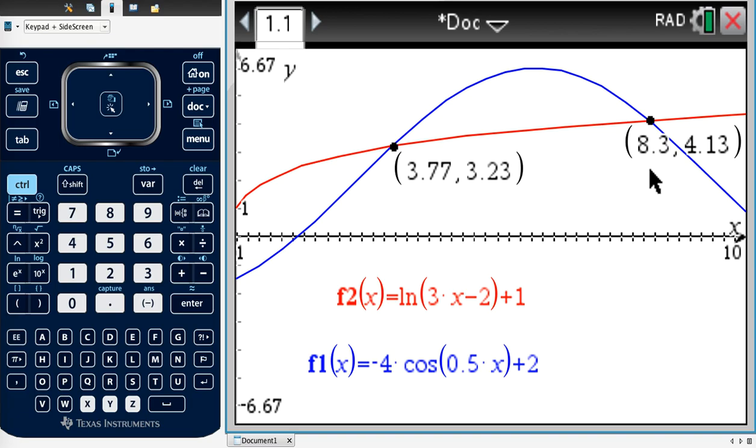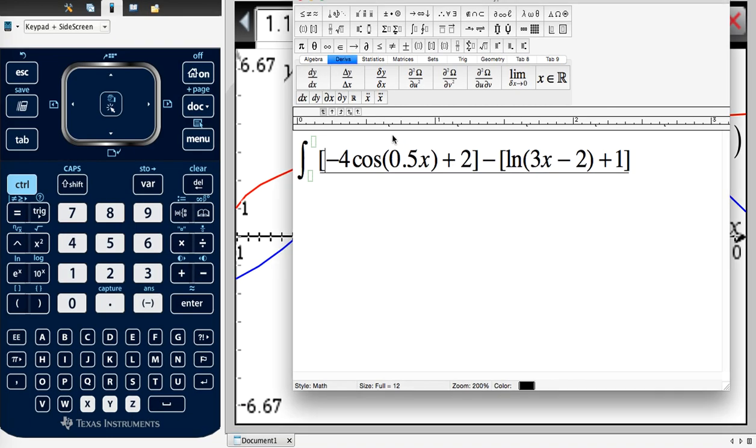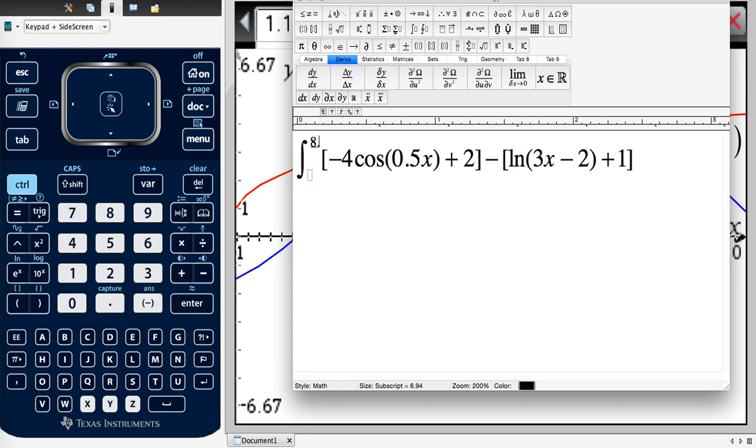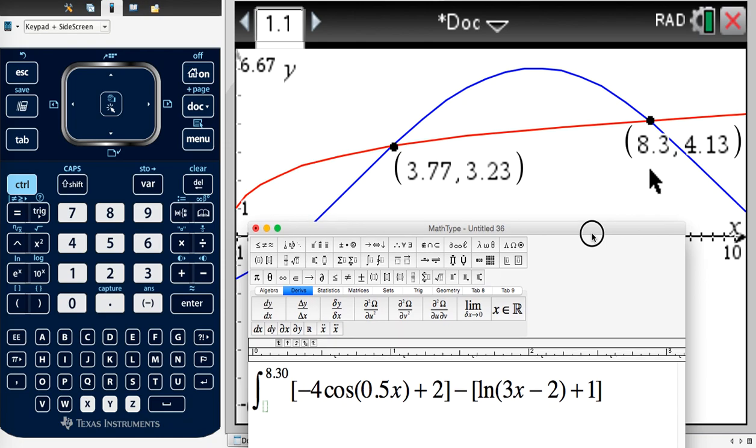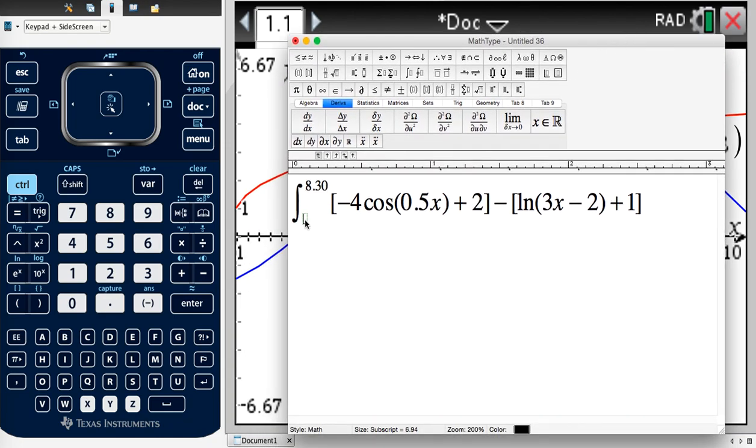So I'll type those in here. 8.30 at the top, and then 3.77 as my lower bound, and then we've got g of x minus f of x written down here. So that's the expression that would give us the area that we're looking for.